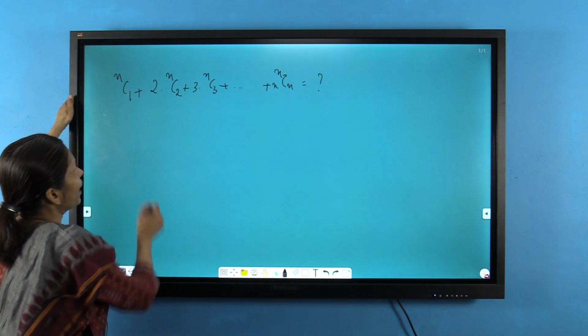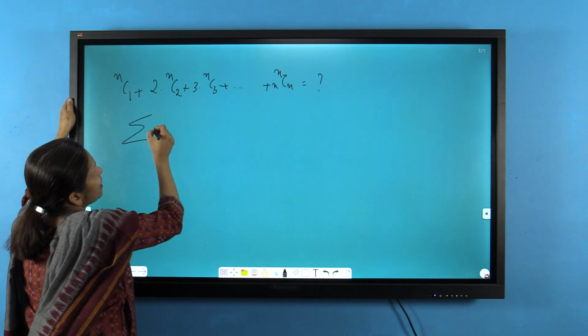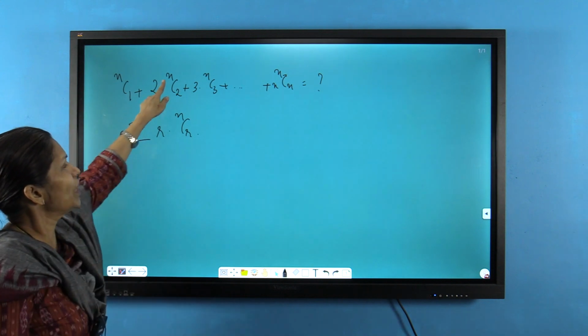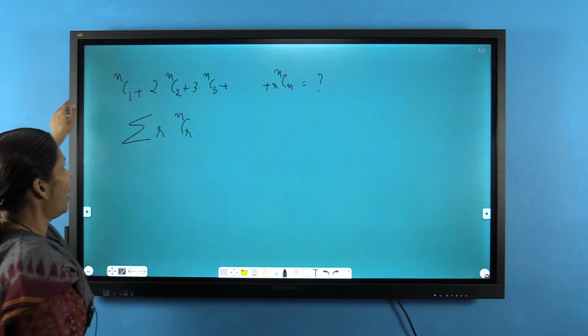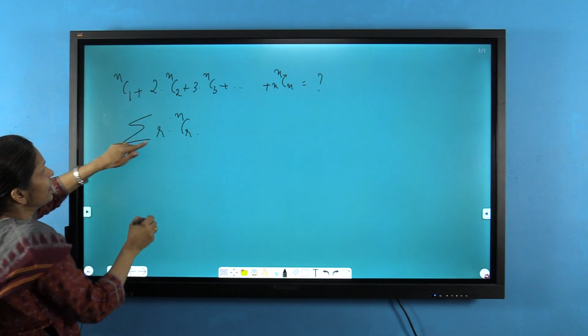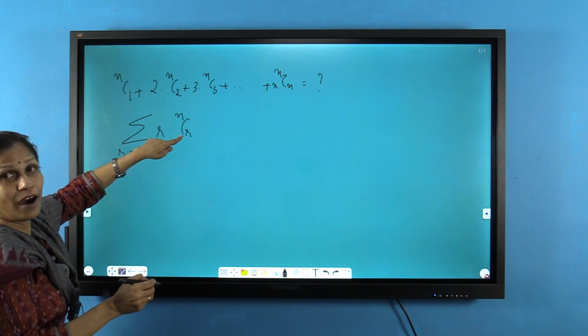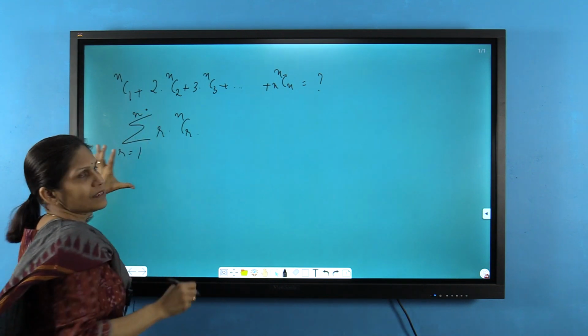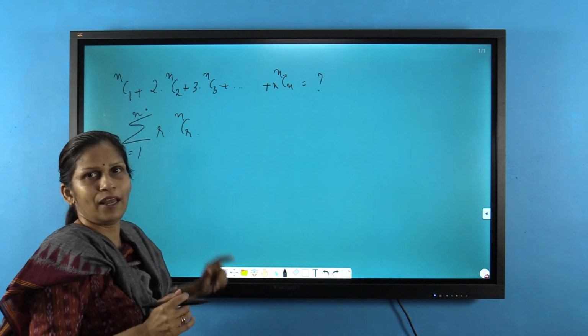Basically, what are you asked to find? They are terms of the form sigma r into nCr, where r varies from 1 to n. This is how I can condense the left hand side.